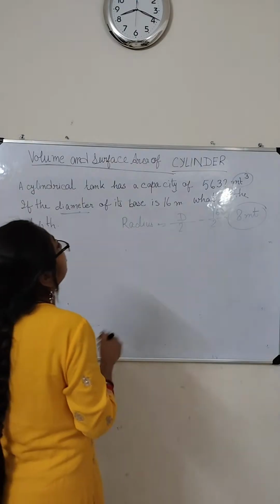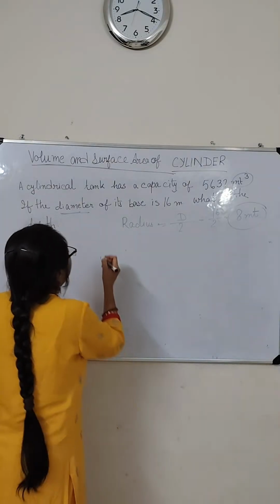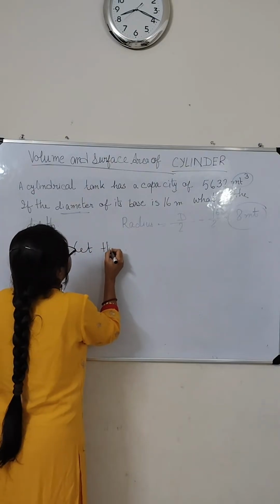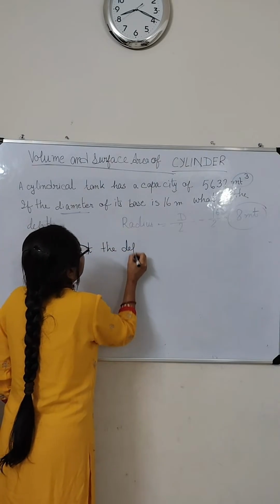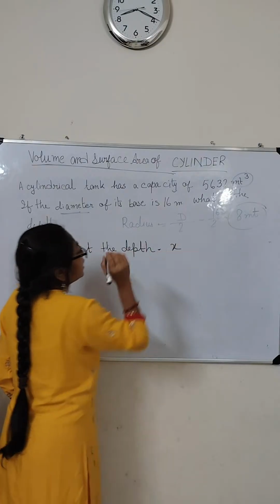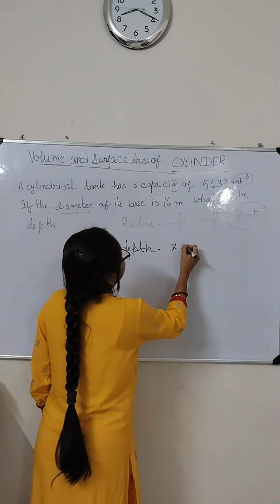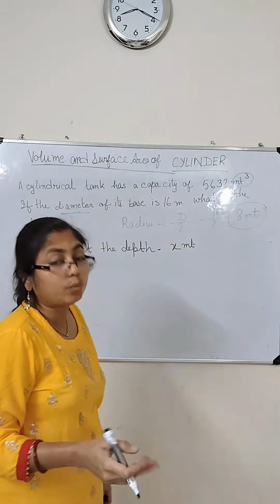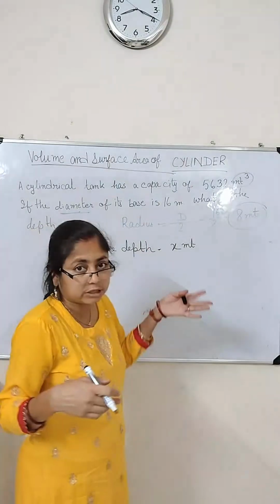Height you do not know. So you can write, let the depth equal x meter. Clear? Then what's the formula of the volume? Why is it volume? One more time I tell.